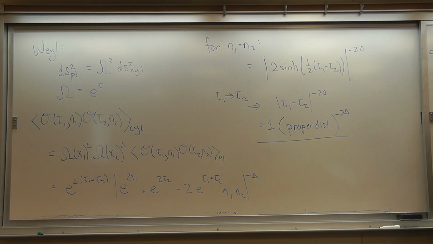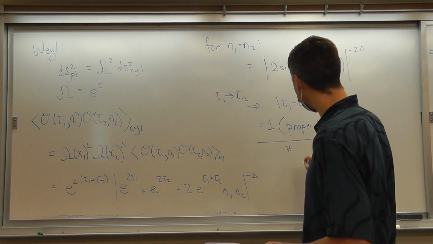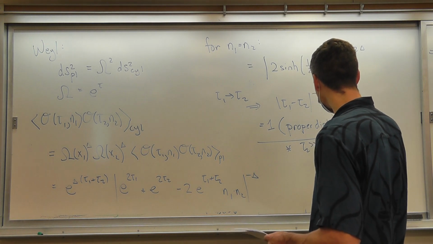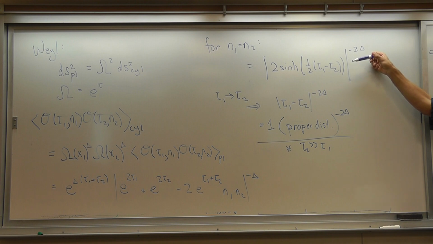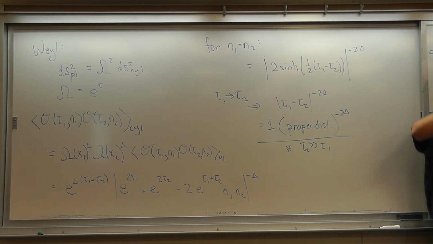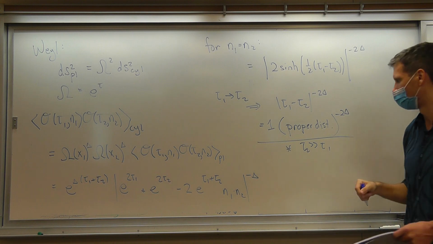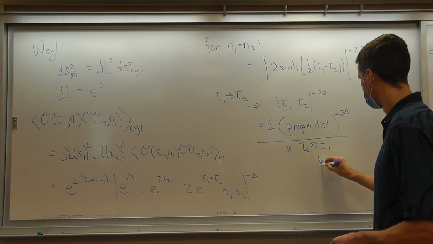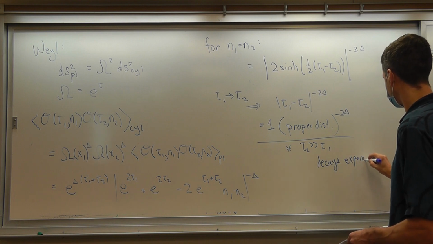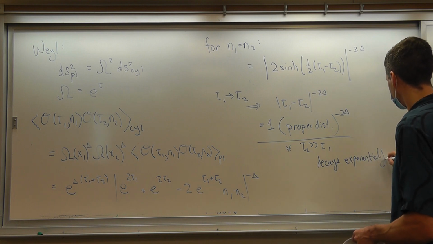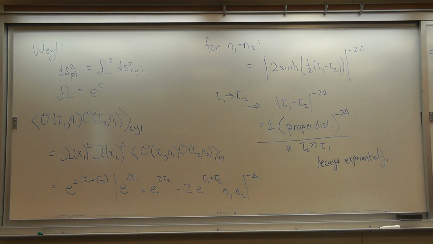Okay, so the other thing I wanted to point out about the answer is that if tau 2 is much greater than tau 1, this decays exponentially. Right, the cinch becomes an exponential, so at late times this decays exponentially. Actually, I'm a little confused about that now.